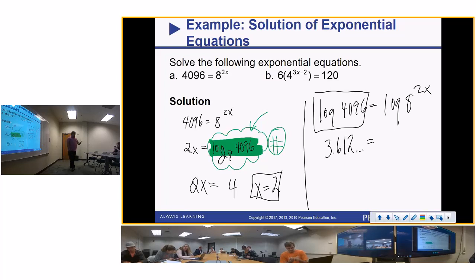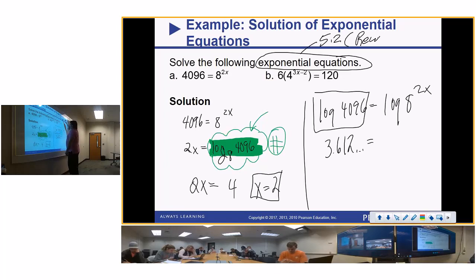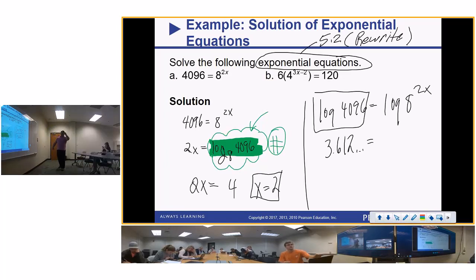No, here's where you're going into exponential equations. You've got to use 5.2, which is what? Rewriting. And what are the three rewriting rules? There's the power rule, the product rule, and the quotient rule. Which one is this? Power.